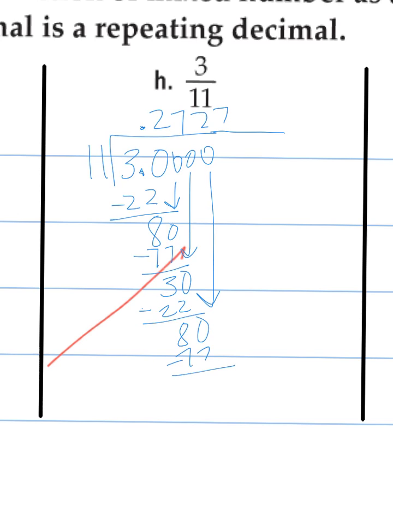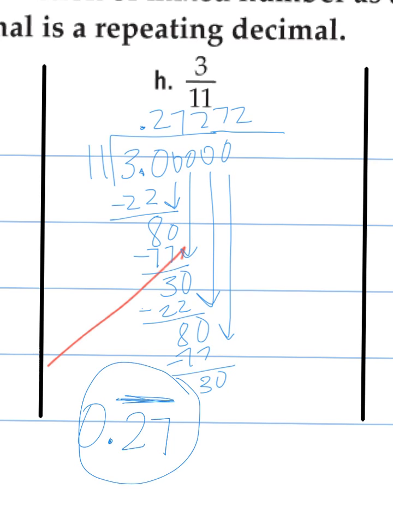And if you notice, we start repeating, getting the same trend. So we know this is going to be a repeating decimal. We can write this with our bar notation. We look and see what part is repeating. Well, it's going 2 7 2 7, and it will keep going 2 7. So we write down the 2 7. Both of those are repeating back and forth, so we draw our bar notation over both the 2 and the 7, because that is telling us that both of those are repeating. So 3/11 written as a decimal is 27 hundredths repeating.